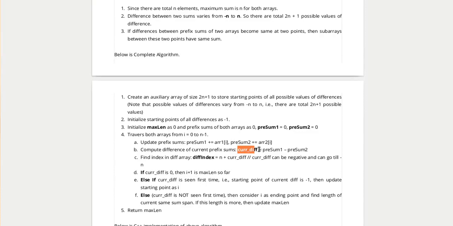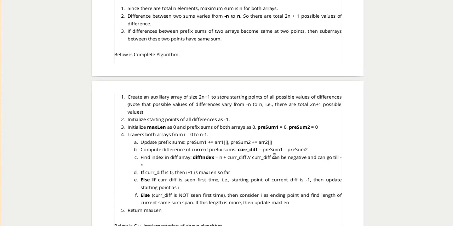If the difference at the beginning, or at any point, is 0, that basically means that so far the sum has been the same, because prefix sum is the sum of the elements from the 0th index to the ith index.